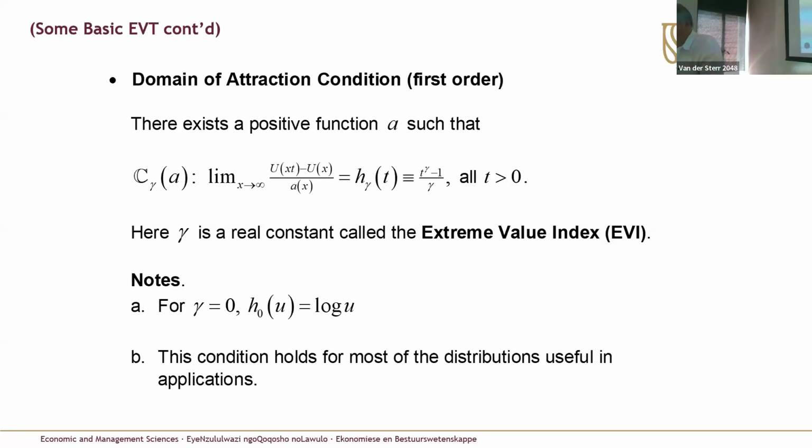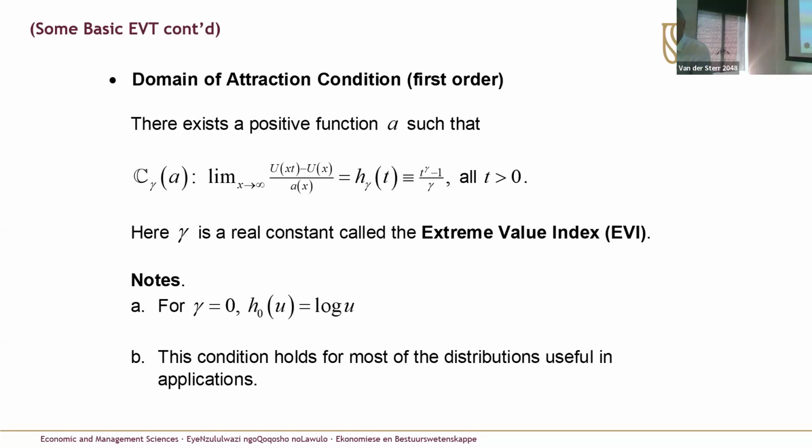And then based on that tail quantile function, there's a very basic condition. It's called a domain of attraction condition. And it's in terms of the tail quantile function. And it says that there exists a positive function A such that this quantity, in other words, the tail quantile function at the point xt minus tail quantile at the point x divided by this function A at x, converges.